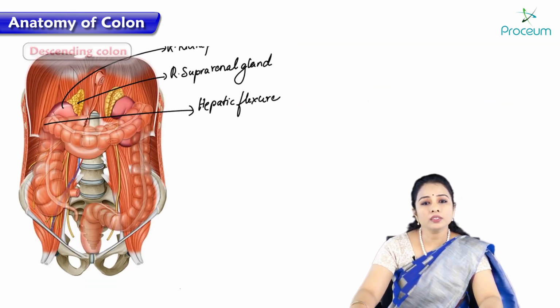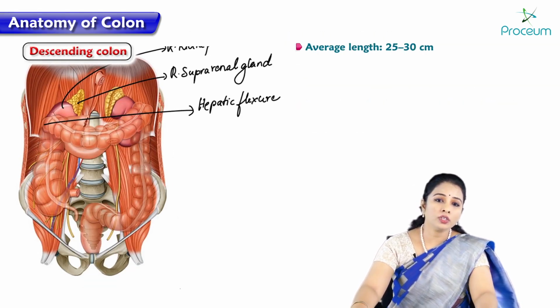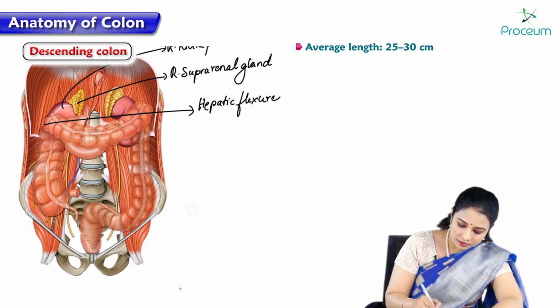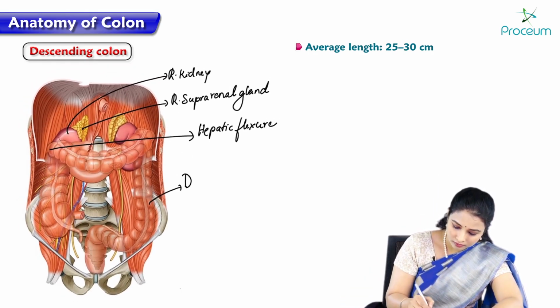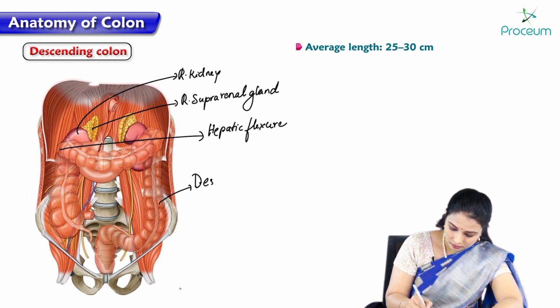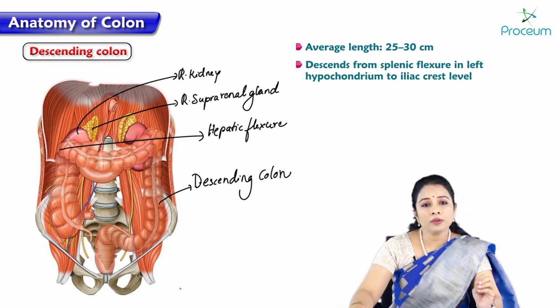Next, about the descending colon. The average length of the descending colon is 25 to 30 centimeters. And it extends from the splenic flexure.